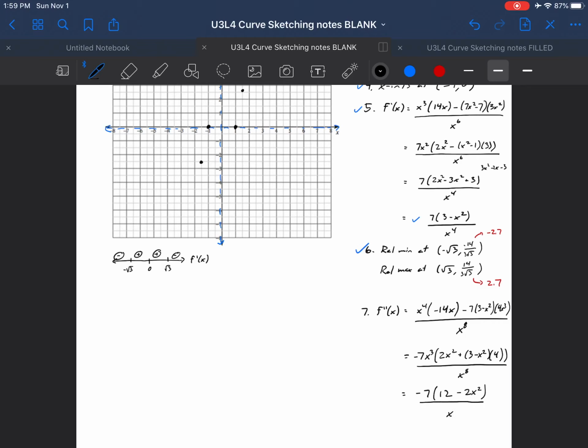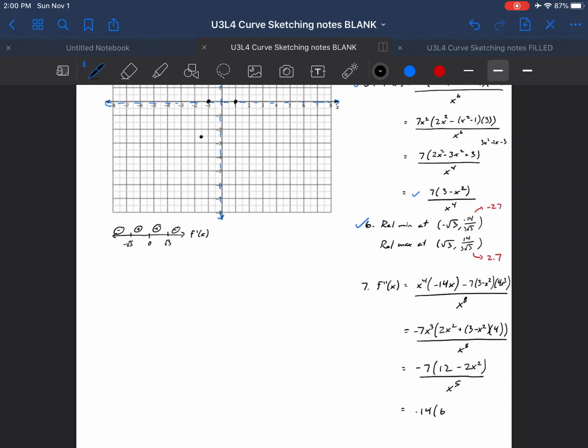Whoops. 6 minus x squared. Let's try that a third time. 6 minus x squared all over x to the 5th. Yeah. Okay.